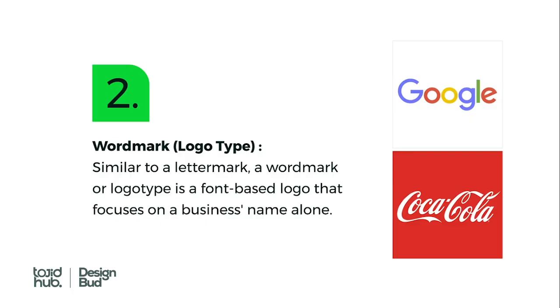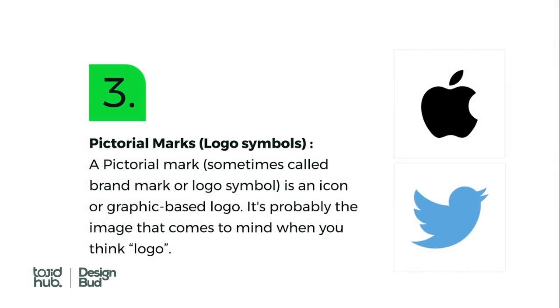The next logo type we have here is the pictorial mark, or you can call it the logo symbol. A pictorial mark, sometimes called a brand mark or logo symbol, is an icon or graphic-based logo. It's probably the image that comes to mind when you think of a logo. So a pictorial logo is majorly an icon or image.